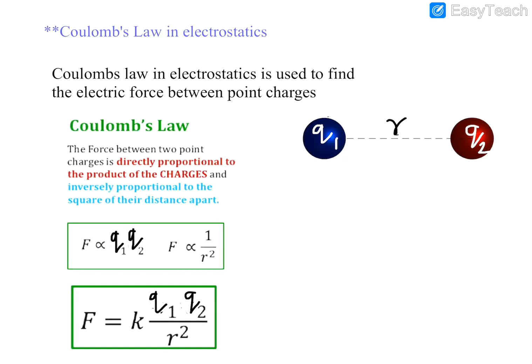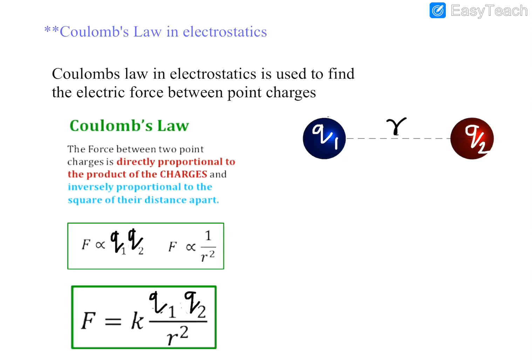So F is proportional to Q1 into Q2. Also, it is inversely proportional to the square of their distance. Inversely means 1 by distance, but it is the square of the distance. That means F is proportional to 1 by r square.